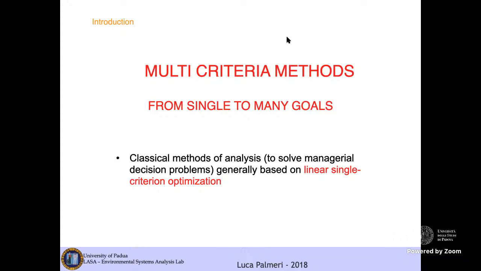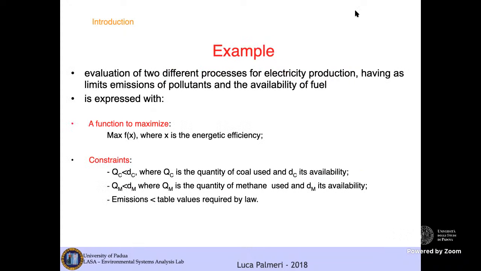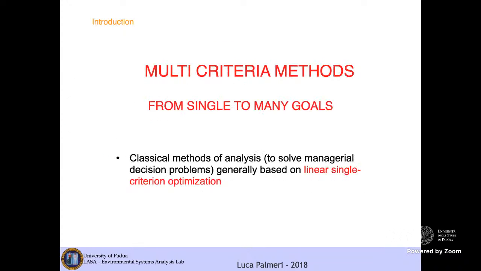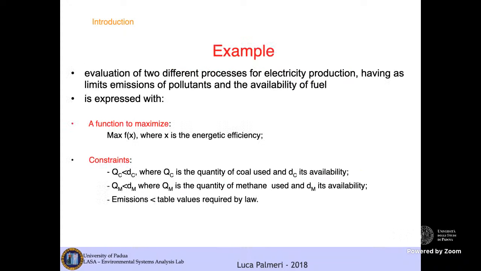We have seen that in environmental impact assessment, the single criterion optimization is not always applicable. We have seen an example on Monday, that of going from city A to city B, going by train, car, or buses. And we said in that simple example that we may have been optimizing three criteria.